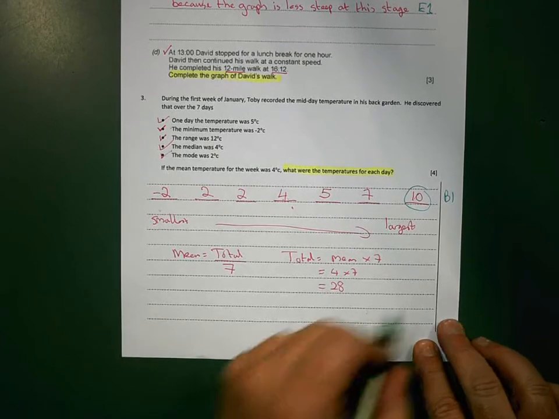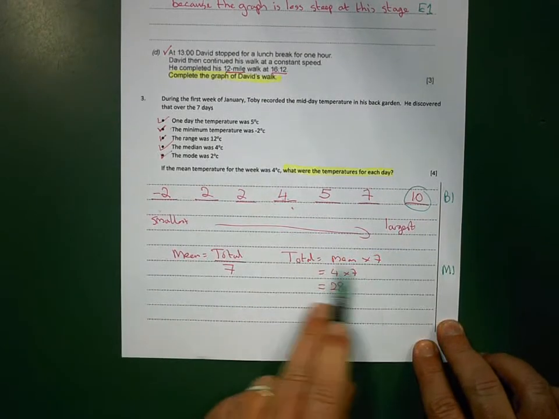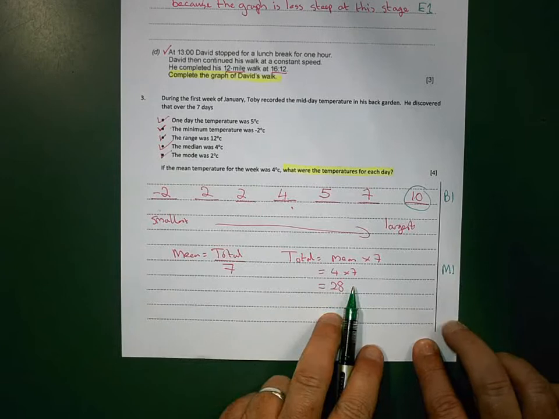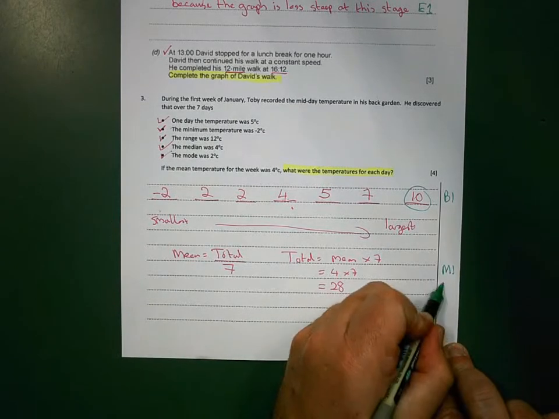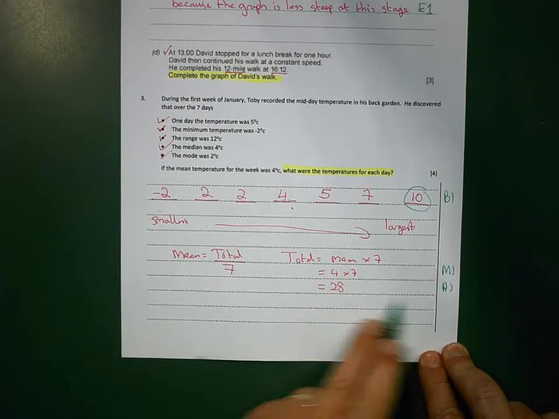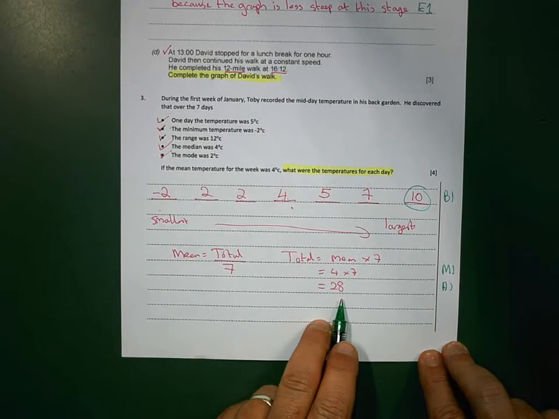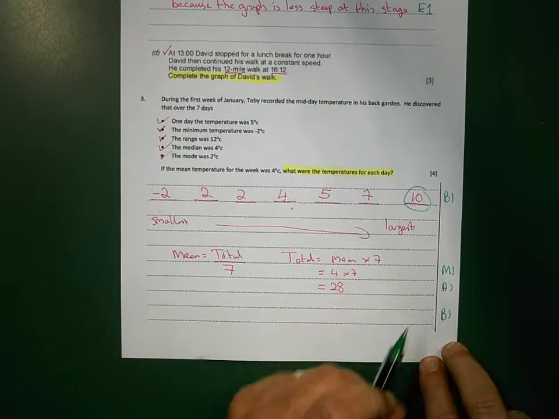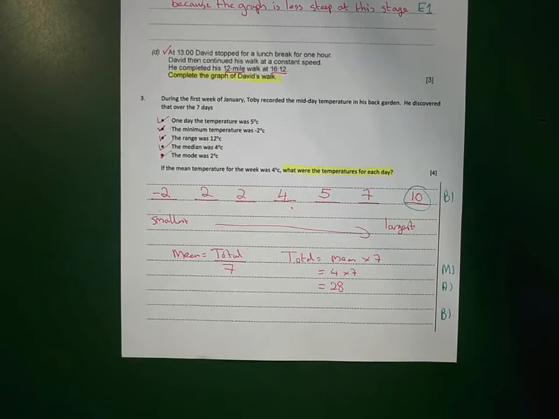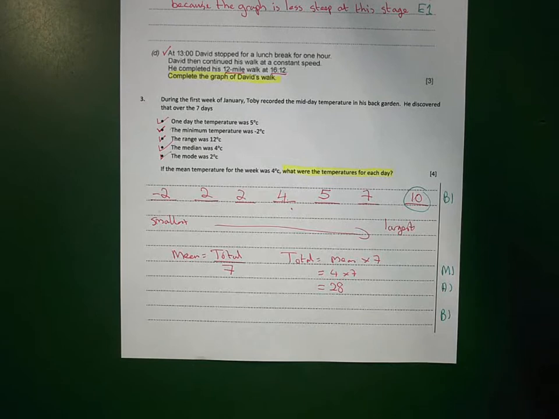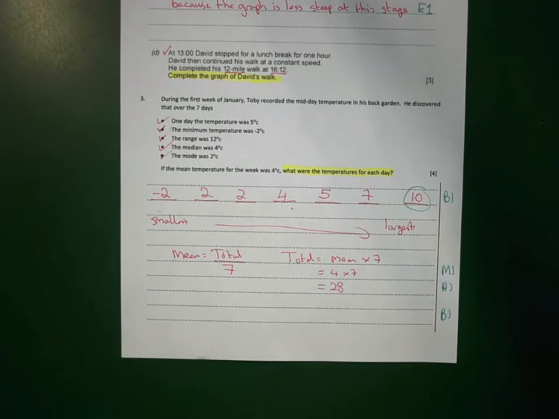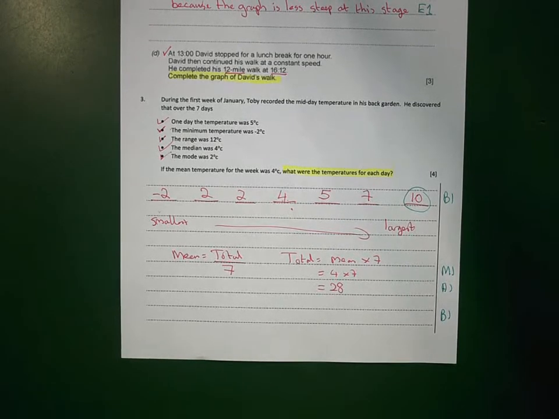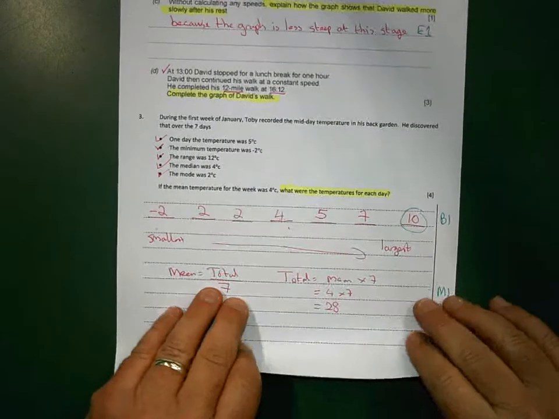There's a method mark for spotting you need to find what they all add up to, and an answer mark for recognizing that they've all got to add up to 28. And then the final mark is if you get them all right in the list. Okay? Moving on.